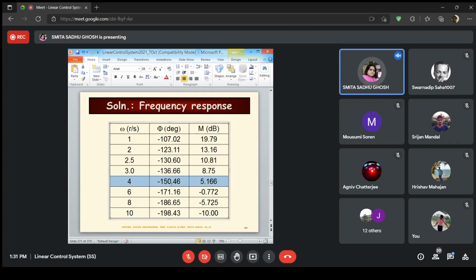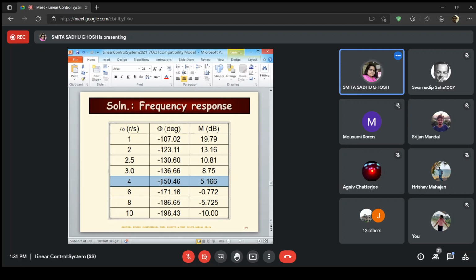If I add that with this, I can never go to minus 135, isn't it? So that actually rules out this possibility, that is 4 radians per second cannot be my desired gain crossover frequency. Though from the magnitude point of view, it could have been possible, but I will not be able to use the lag compensator, because by using some amount of lag, I can never push up my phase margin to 45 degrees, right?